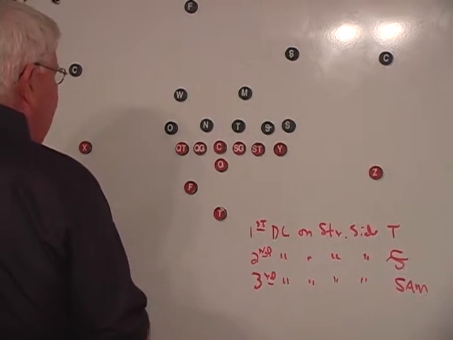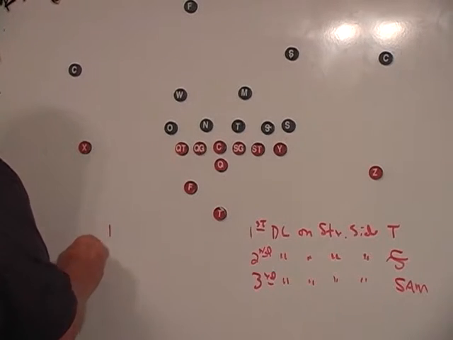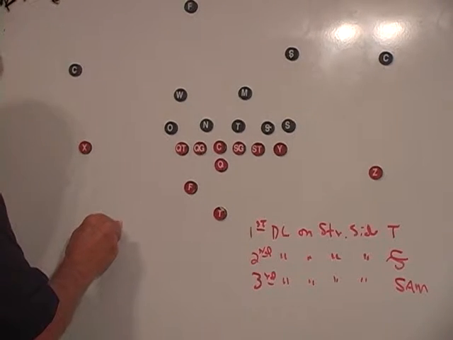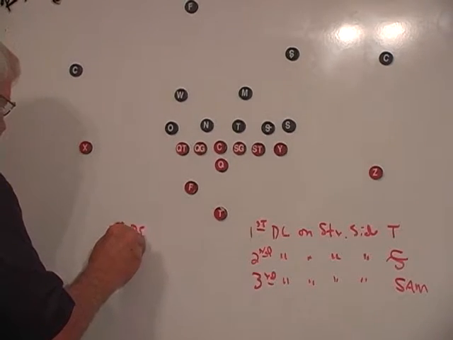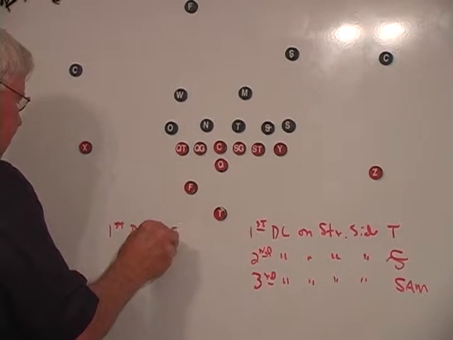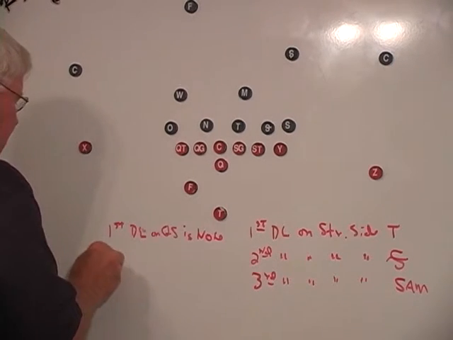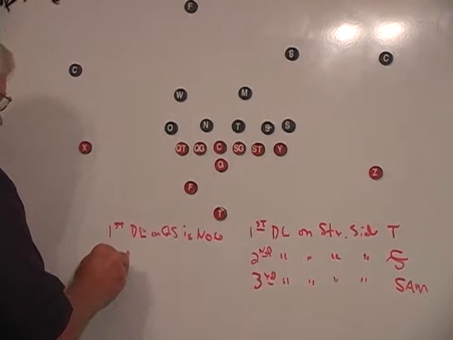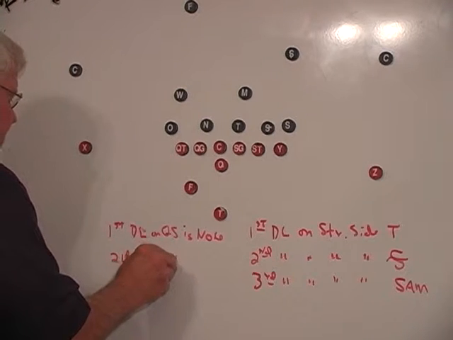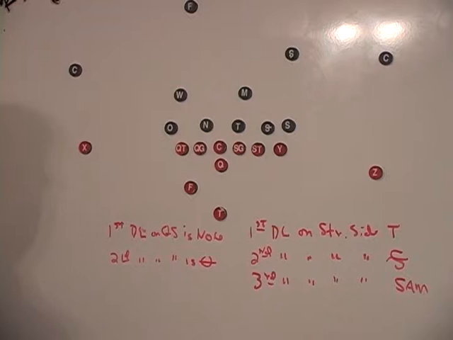If we look at the quick side, the first defensive lineman on the quick side is the nose. The second defensive lineman on the quick side is the opie, and that means open side end.